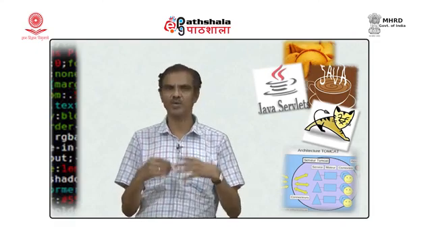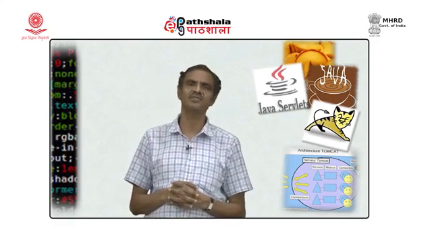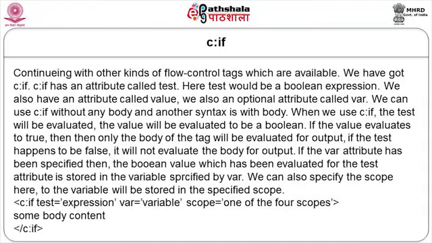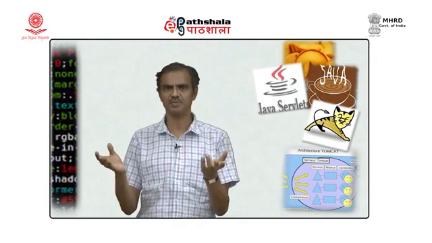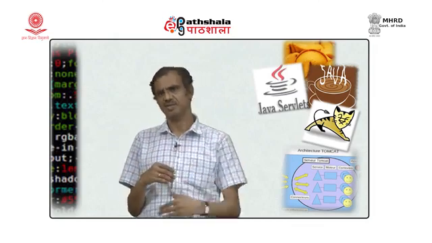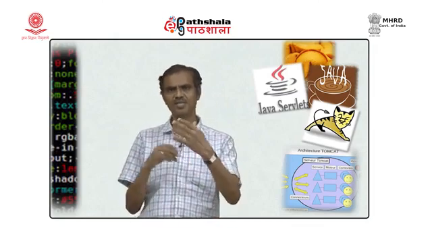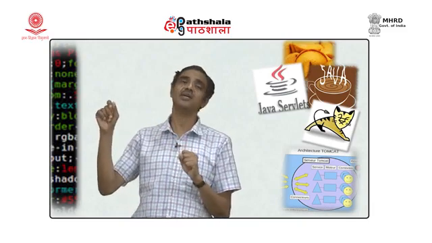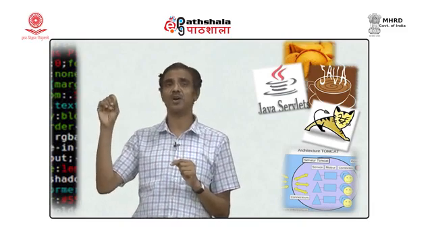Now, coming to the other kind of flow control which we have, c:if. In c:if we can specify a test, which would be a Boolean expression. We even have an optional attribute called var.